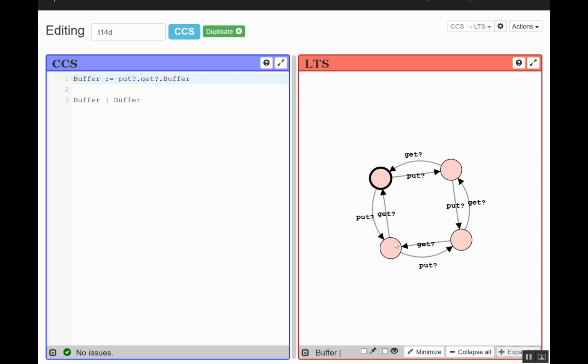And what we see is that indeed the behavior is that obviously of a two-place buffer, but it's no longer isomorphic to the one that we have seen, right? And the question now, which I invite you to think about, is what is the information that is lost in the other, that makes it save states?